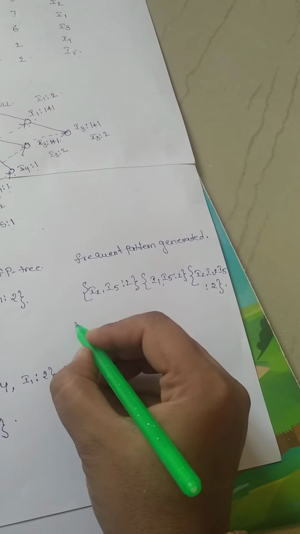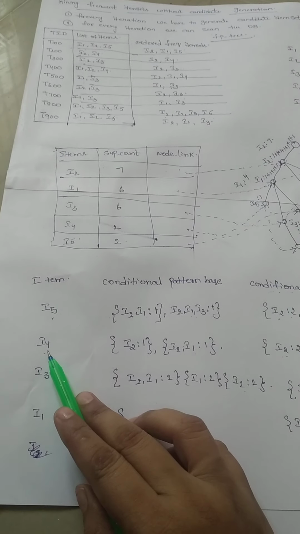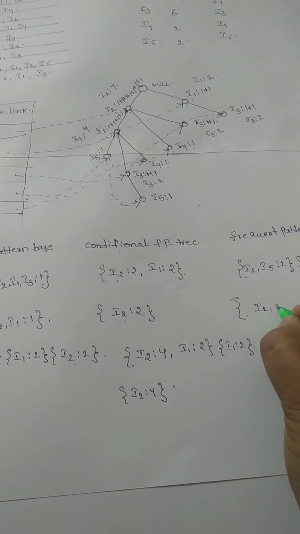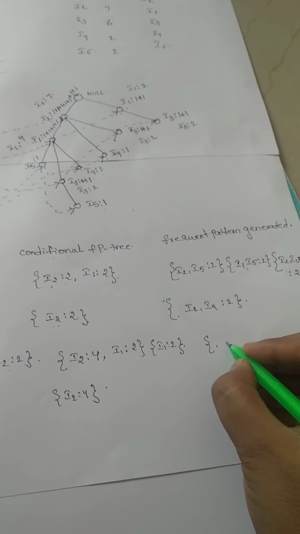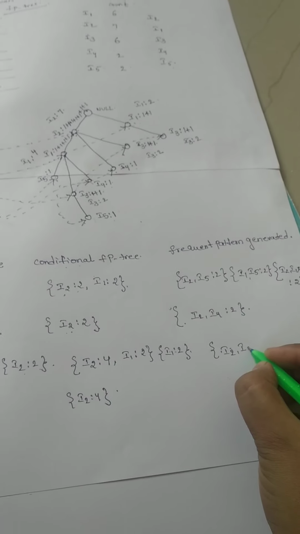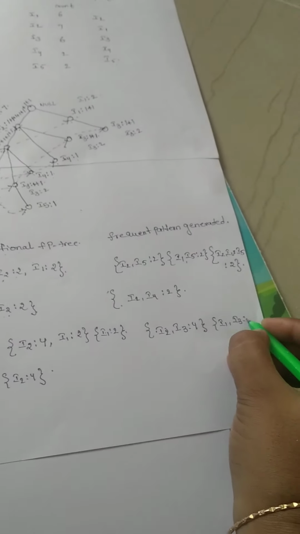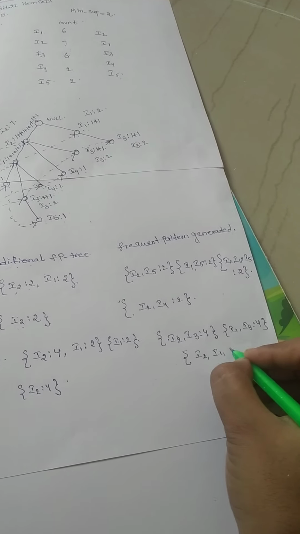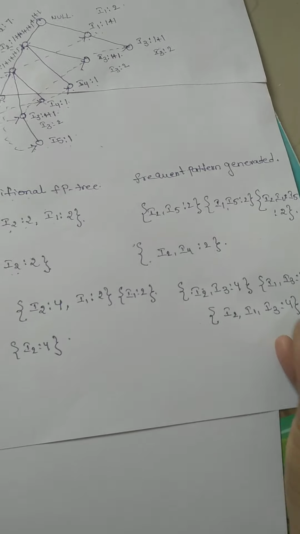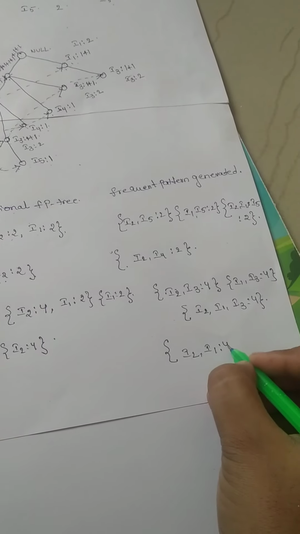For the next one we take I2, I4, that is I2 comma I4 is 2. For the next one we merge the I1s: I2 comma I3 is 4, I1 comma I3 is 4, next I2, I1, I3 is 4, and last one I2 comma I1 is 4.